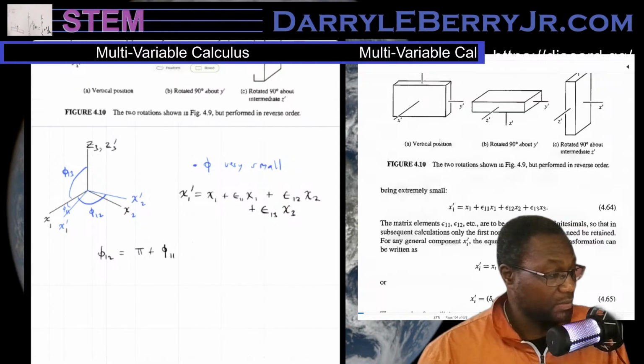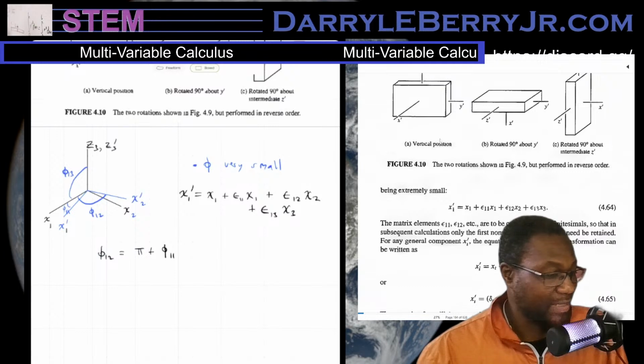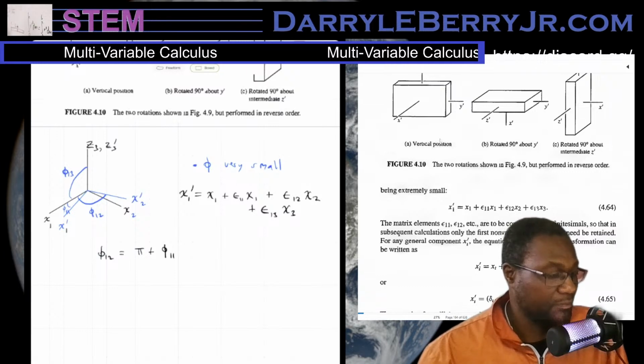The matrix elements epsilon 1 1, 1 2, etc. are to be considered as infinitesimals, so that in subsequent calculations only the first non-vanishing order in epsilon ij need be retained.